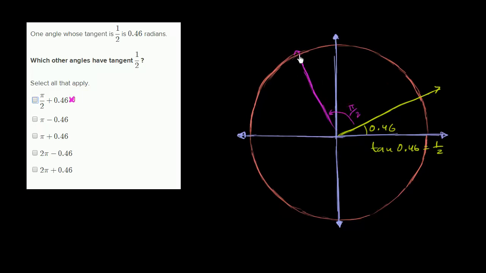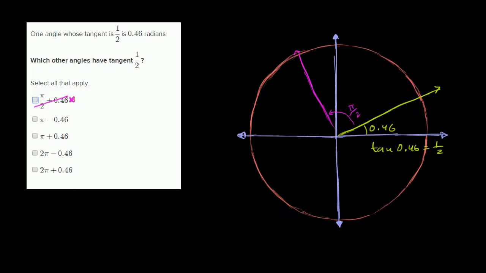Just eyeballing it, you immediately see that the slope of this ray is very different than the slope of this ray right over here. In fact, they are perpendicular because they have an angle of pi over 2 between them. They're definitely not going to have the same tangent. They don't have the same slope.